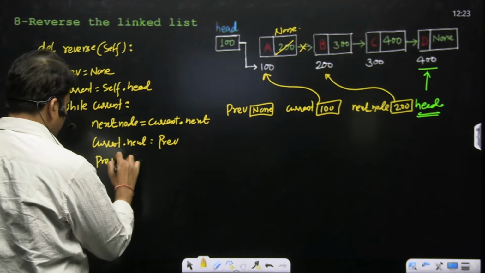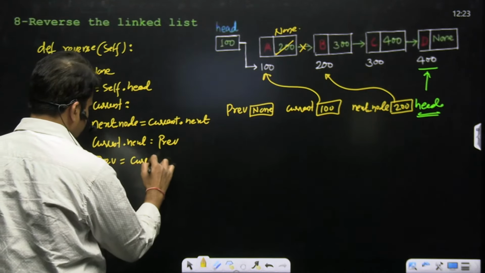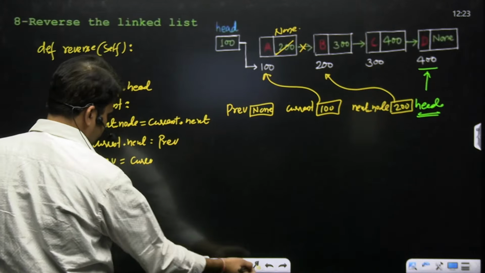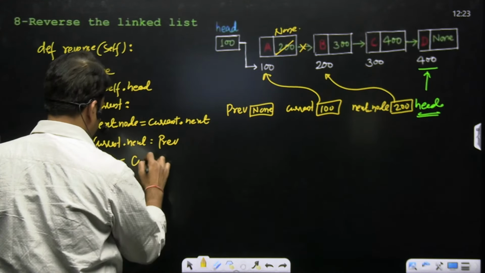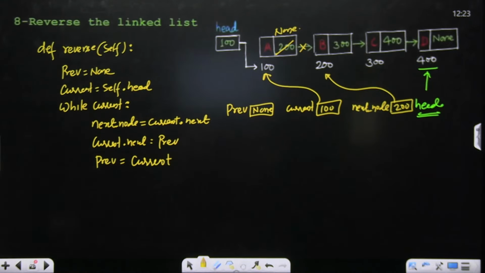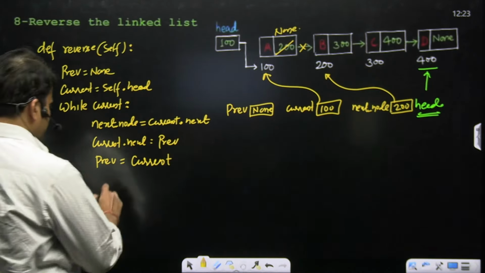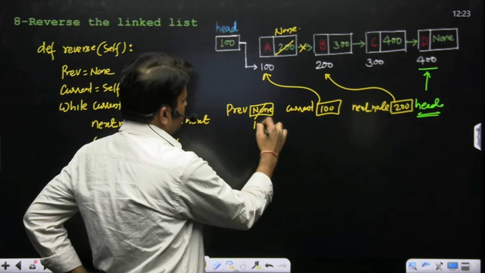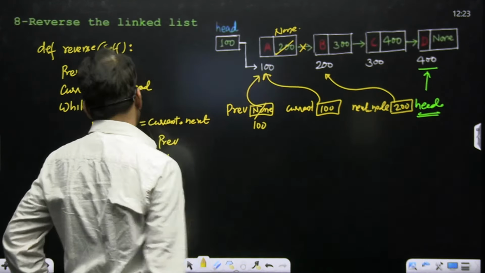Now move ahead, sir. And previous equals to current. Sir, what is current? It is 100. So this one is pointing to this one. Okay.